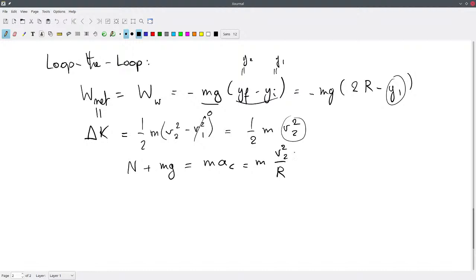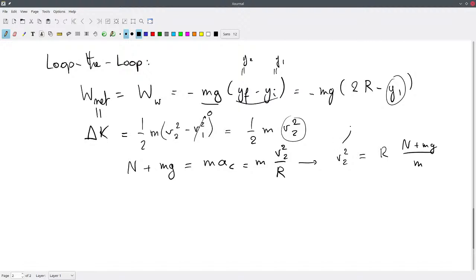So that gives us a way to get to v squared, right? v2 squared is r times (N plus mg) over m. That's going to be your v2 squared.